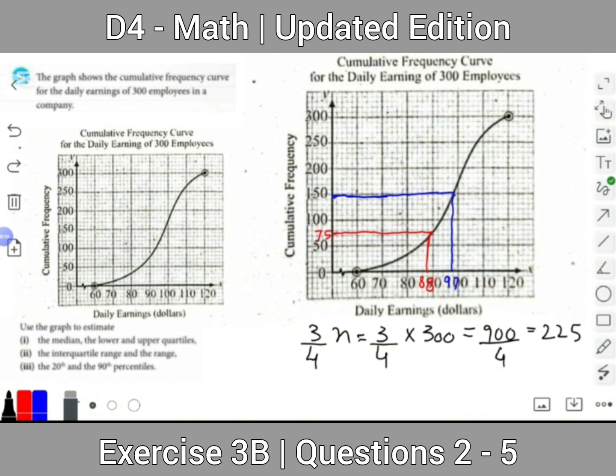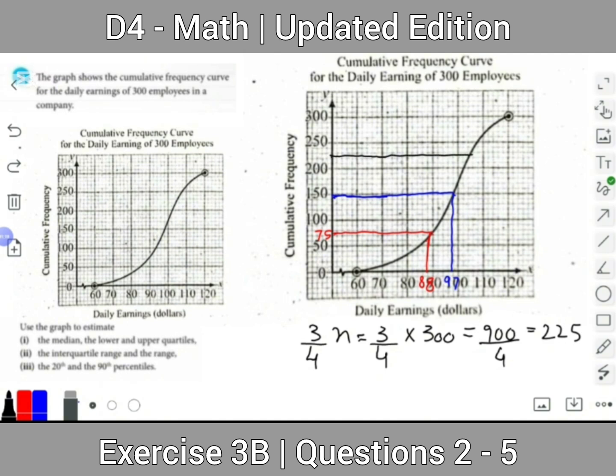So here we have 200, 210, 220 and 230. Between 220 and 230 we have 225. Now from 225 we will draw a horizontal line until it touches the curve.